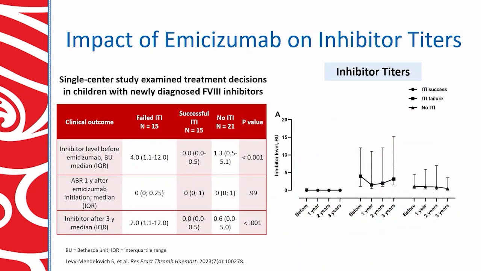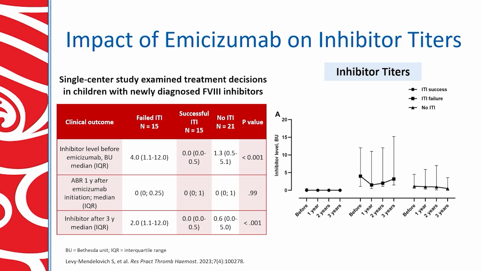This study also analyzed the impact of emicizumab on inhibitor titers in those who had previously failed ITI, in those with successful ITI, and in those where ITI was never performed. You can see there is not much influence on the inhibitor titers over time. Probably there is more decrease in those where ITI was never performed, but also in those with failed ITI there is a decrease.